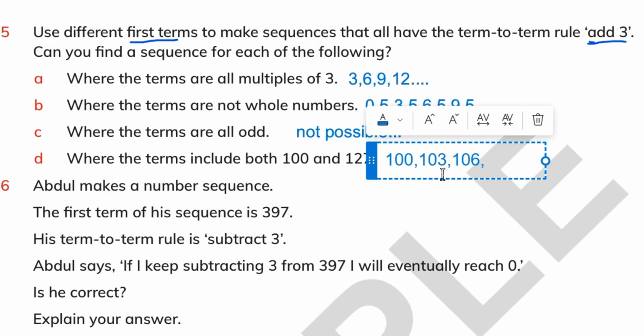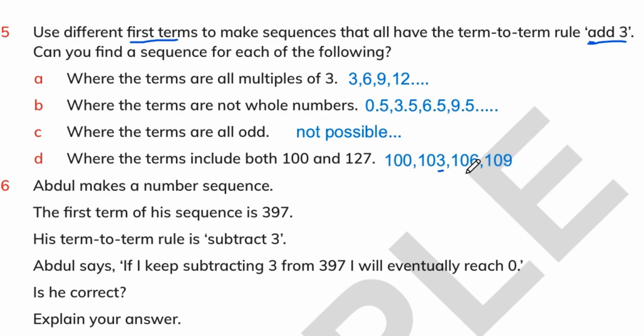Like you can see, these are multiples of 3: 3, 6, 9, 12, and then at a point you will reach 127. So I have written this sequence. You can see it has both the numbers, 100 and then 127 is the last number. You can increase and decrease the sequence.